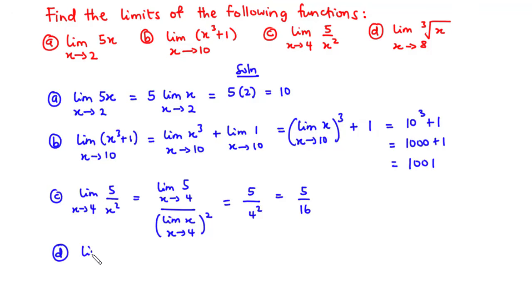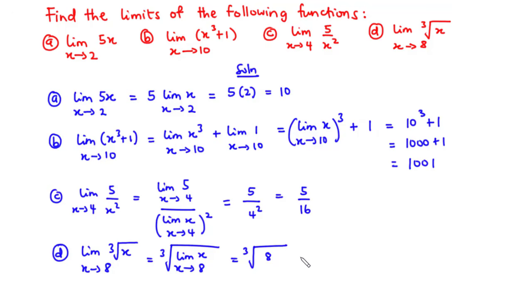D, we have the limit of the cube root of x as x approaches 8. So we can express this as the cube root of the limit of x as x approaches 8, and that is equal to the cube root of 8.